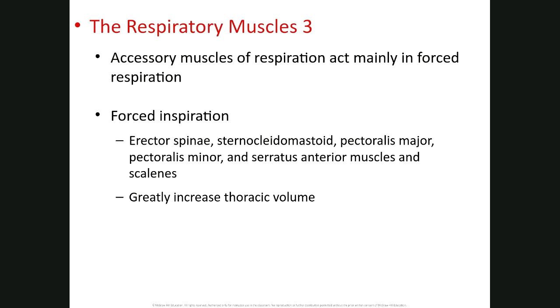And again, at the peak of this inspiration, we then go with expiration. After inspiration follows expiration. If it was forced inspiration and it's going to be continuous, you'll end up using forced expiration as well.